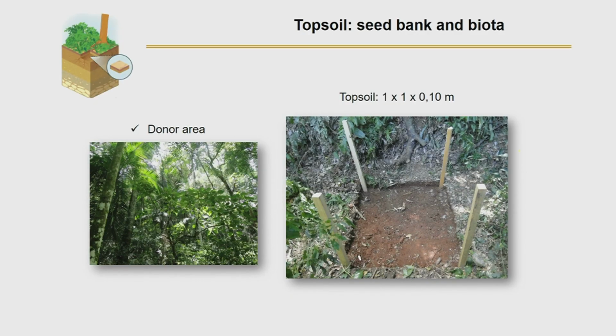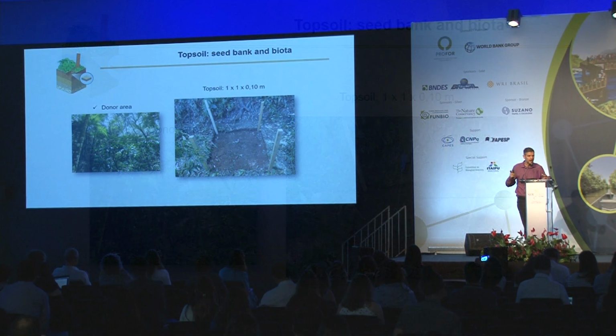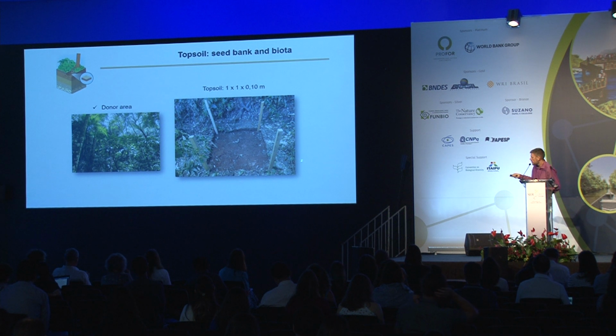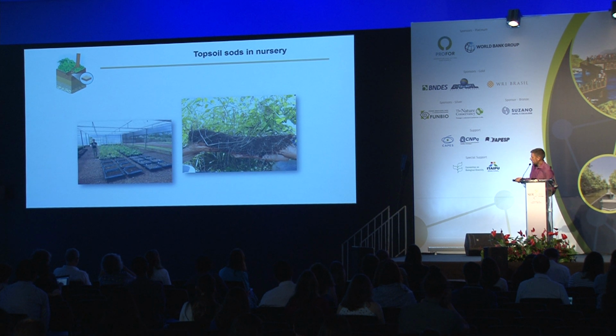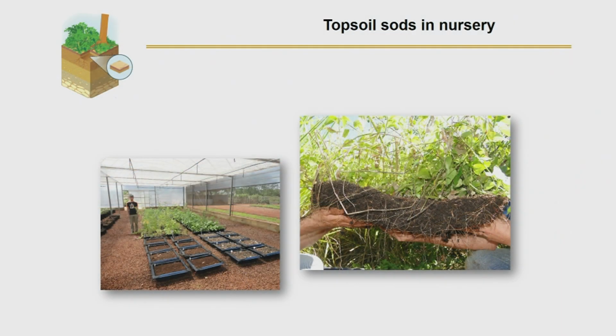I'm going to talk about each technique of this nucleation. We have a donor area where we borrow small pieces of topsoil. They are 1 by 1 square meter, so it will not impact the donor area. We put this material in the nursery because, being small pieces, we get more germination here.